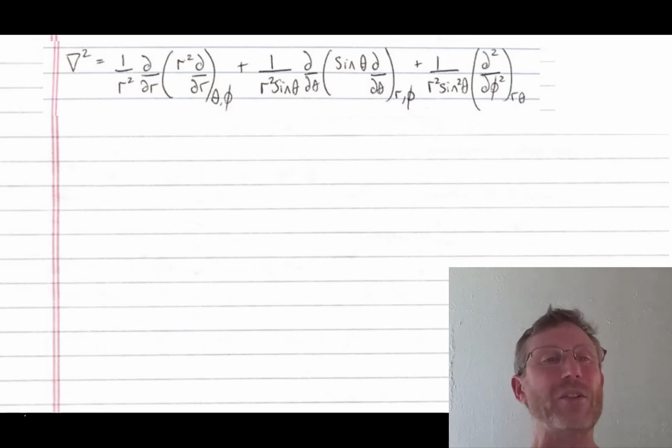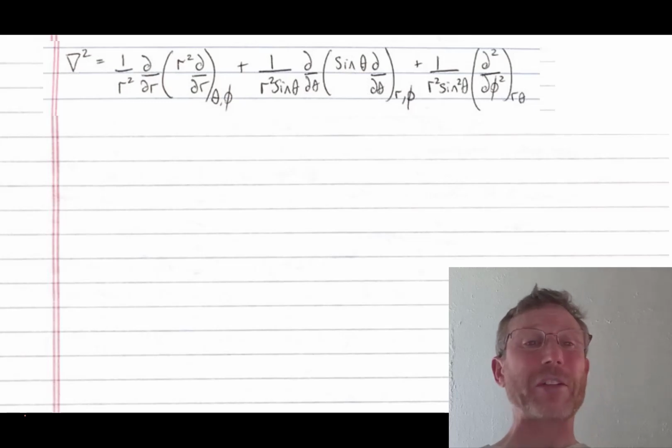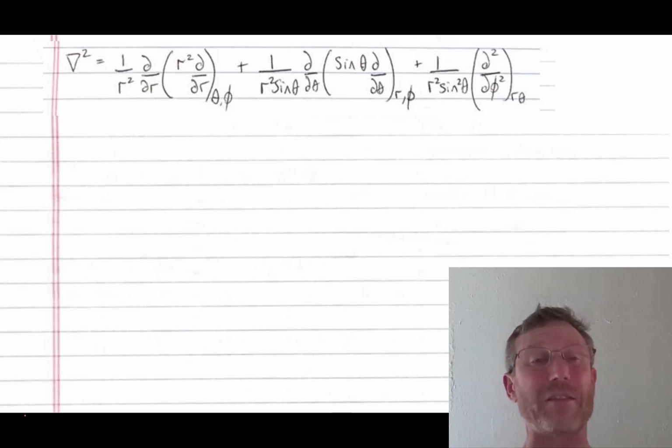So here was del squared in terms of spherical coordinates. Remember, we didn't derive that. This was simply the result because that conversion was too tedious.